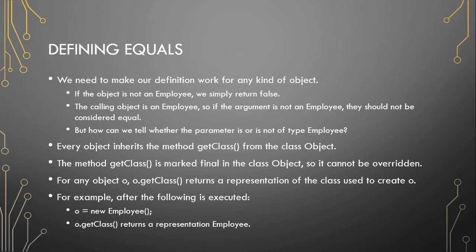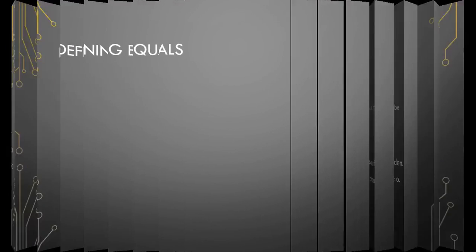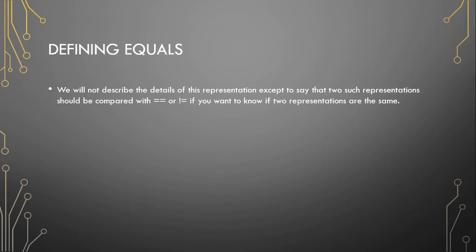For example, if o = new Employee(), then o.getClass will return a representation of Employee. We won't go into the details of this representation because it's beyond the scope of what we need to know, except to say that two such representations should be compared with == or with != if we want to know whether or not they are the same.